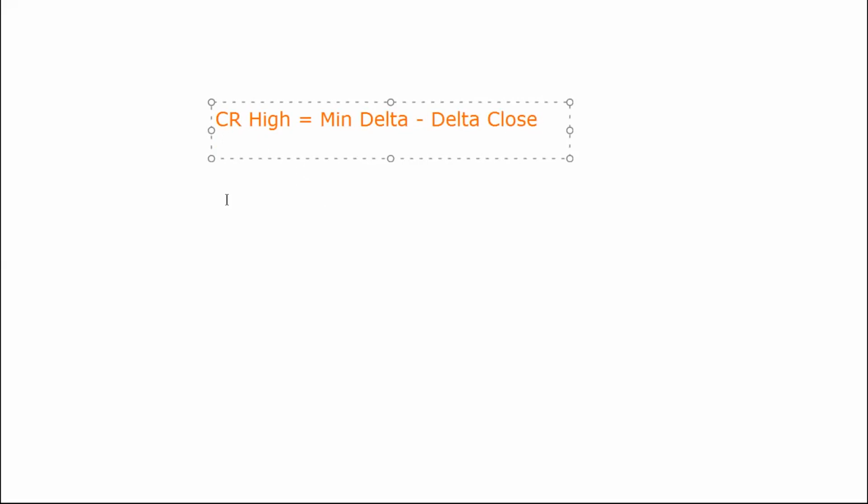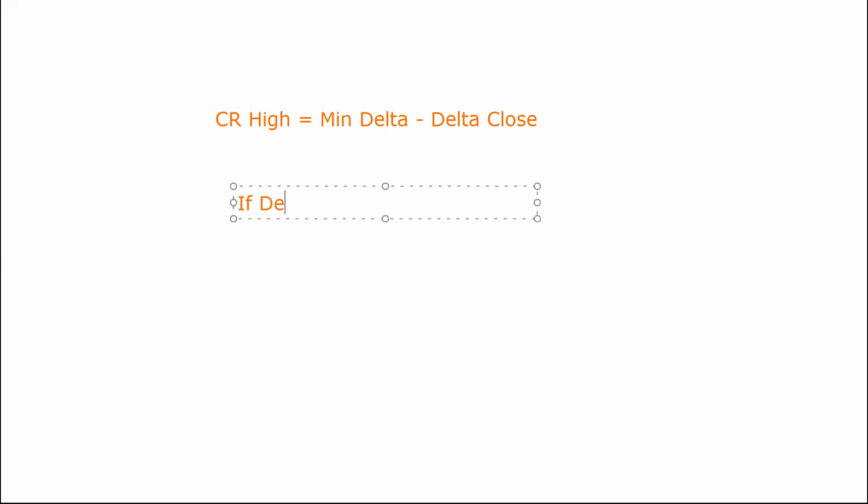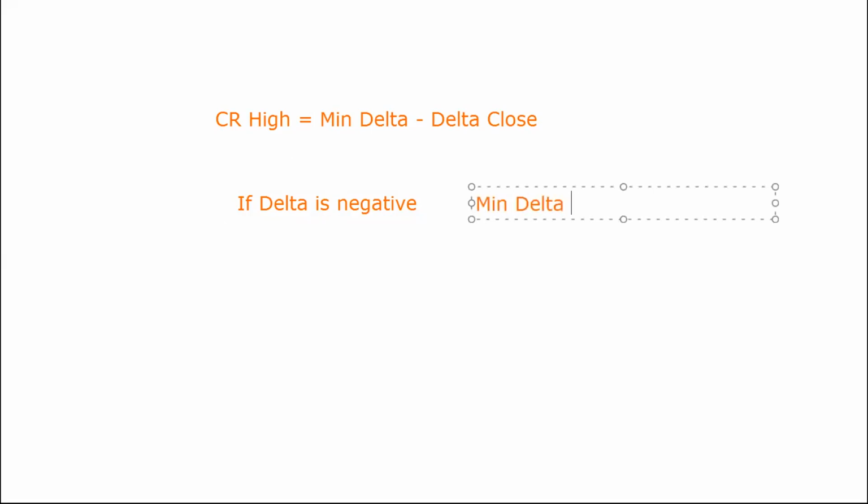So if delta has a negative sign, minus of minus delta becomes positive. So it becomes minimum delta plus positive delta. Otherwise, if the delta is positive, then it becomes minimum delta minus delta. So minus delta, right? Which is nothing but min delta plus delta.